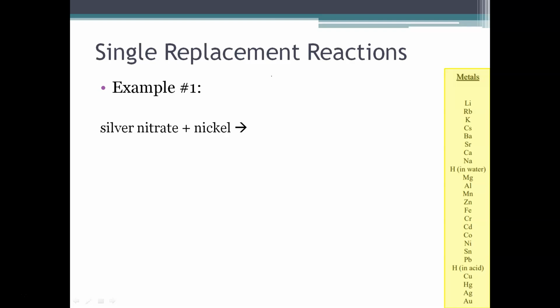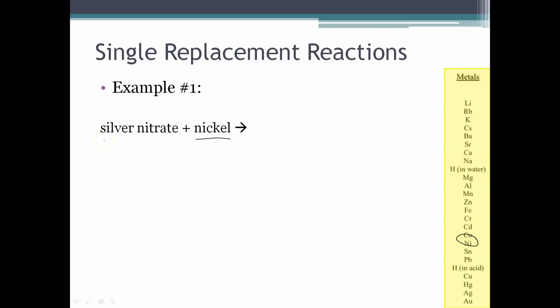What I usually tell students to do is to underline the single element. So let's underline that single element, in this case nickel, and let's find it on our activity series. The activity series has two columns, a column for metals and nonmetals. Nickel is a metal, so we're going to find it, and it is right here. What you want to do then is compare nickel to another metal that you have in your chemical reaction.